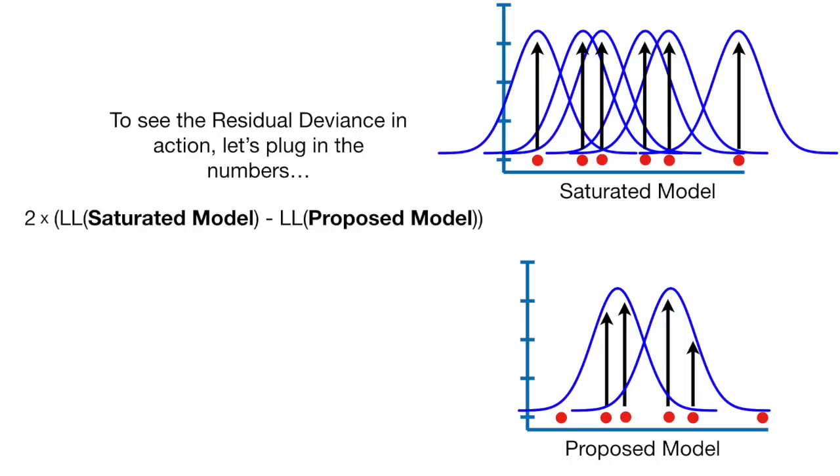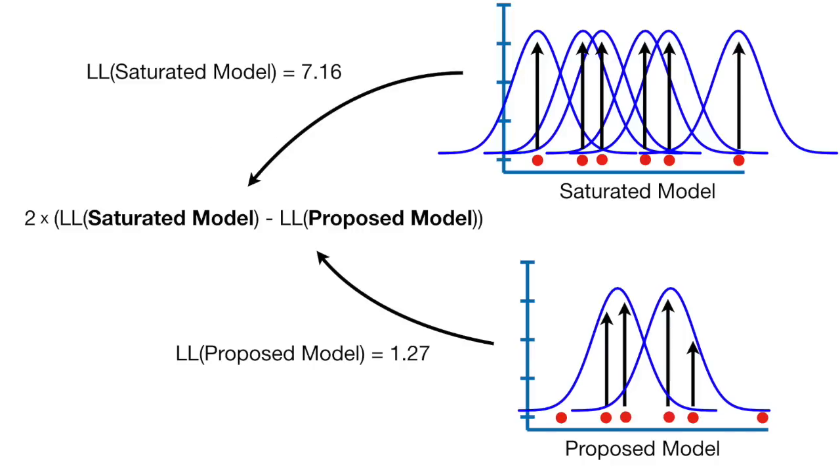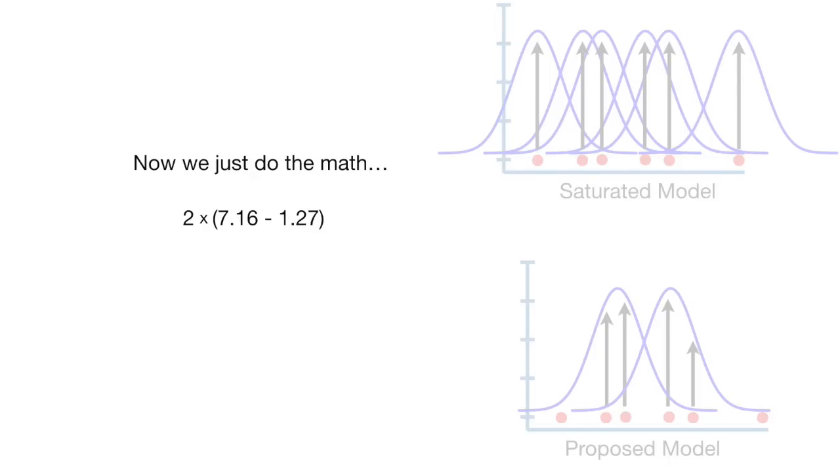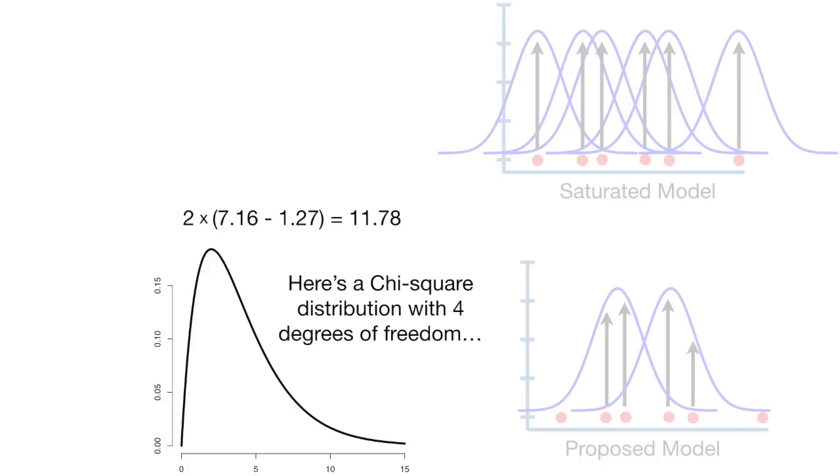To see the residual deviance in action, let's plug in the numbers. Now we just do the math, and we get 11.78. Here's a chi-square distribution with 4 degrees of freedom.